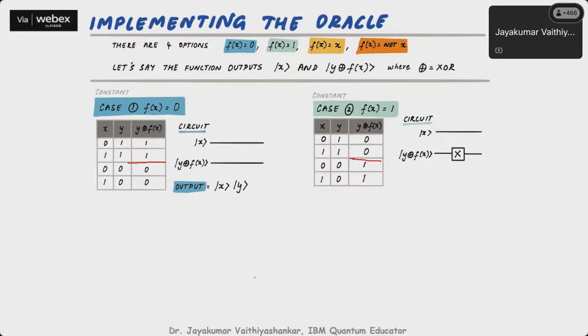XOR is a different gate, exactly. If you give the same input, 0 0, it will give 0. But if the inputs differ, 0 1 or 1 0, it will yield 1.